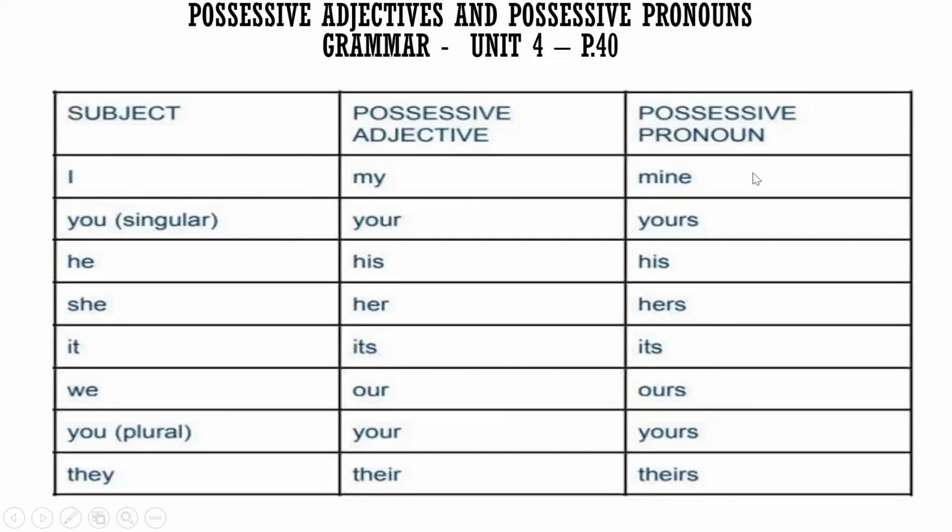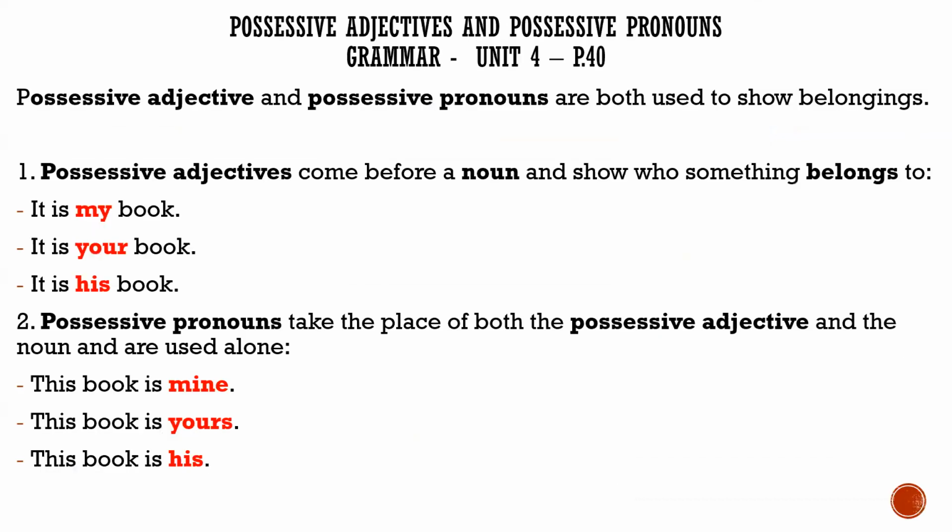I, my, mine, you, your, yours, he, his, she, her, hers, it, its, we, our, ours, you, your, yours, they, their, theirs. They go like this, okay? So that's just for you to memorize how they are changed from possessive adjective to possessive pronoun or to a subject pronoun. But here, let's have them in details, okay?